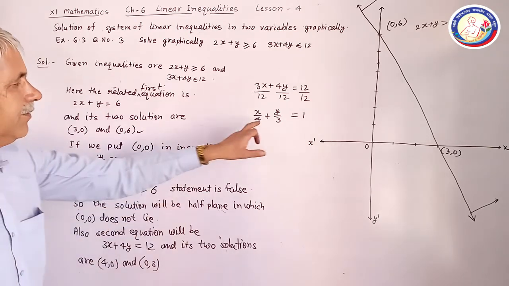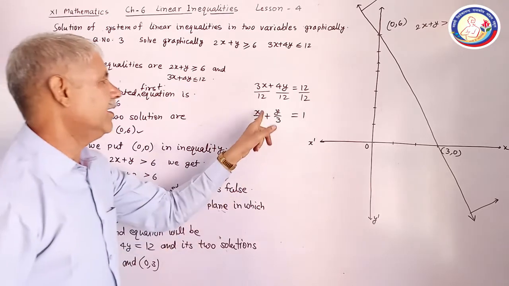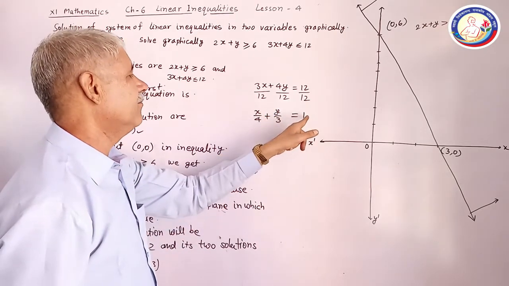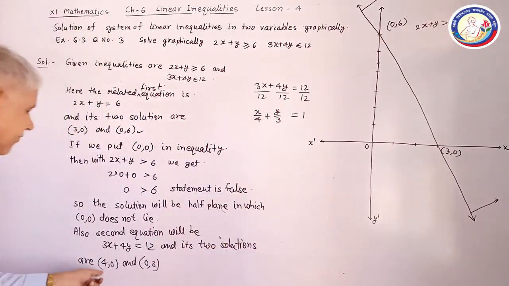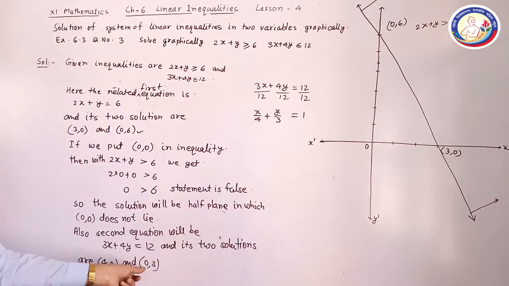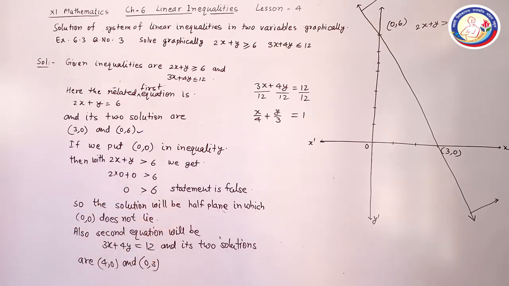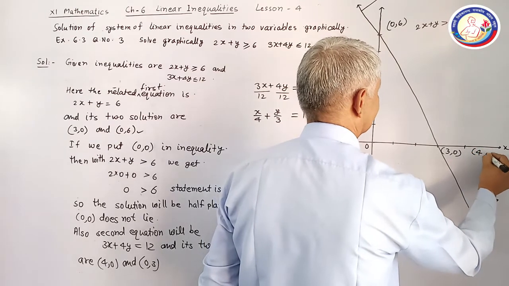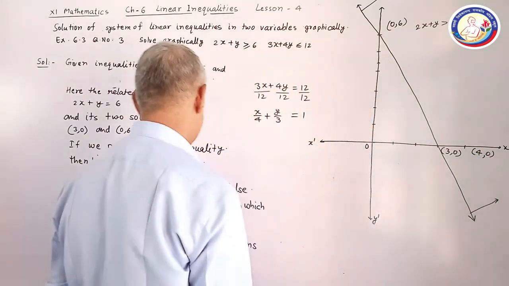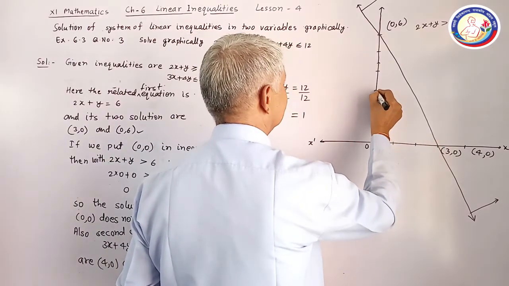We can obtain them if we put y equal to 0, x upon 4 is 1, that is x equal to 4. And if we put x equal to 0, then we get value of y, that is 3. So the points are 4, 0 on x axis and 0, 3 on y axis, where the line intersects these axes. So this is 4, 0. And second is 0, 3, 1 2 3. This is 0, 3.